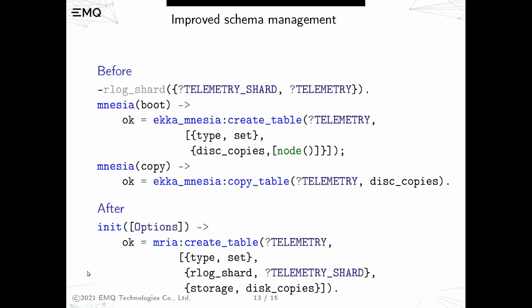So after the change, in order to create a table, you just do this, and Mria figures out whether you need to add a table copy or add it to the shard, or maybe restart the shard so it copies the new data. And the user does not need to worry about anything.